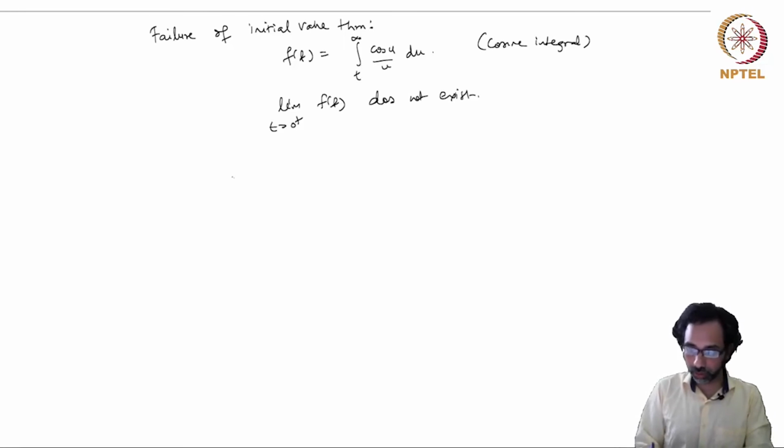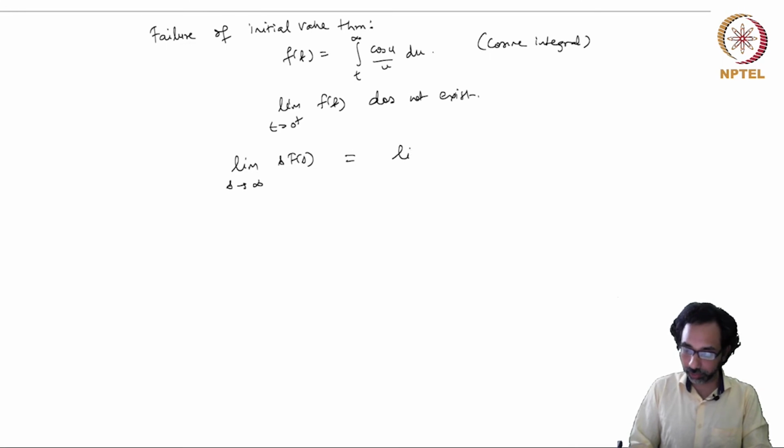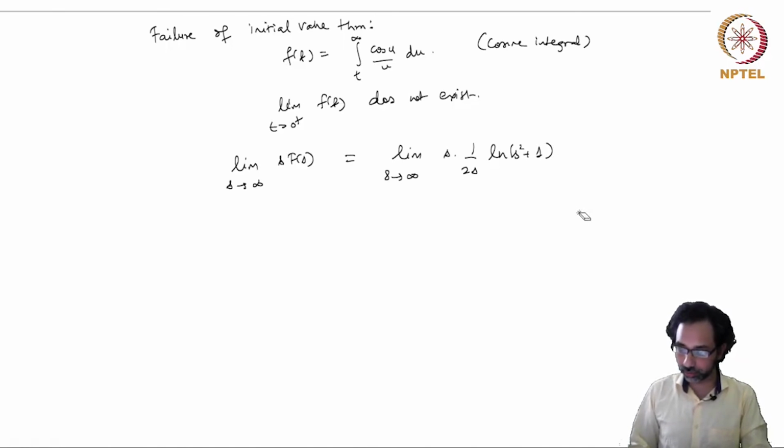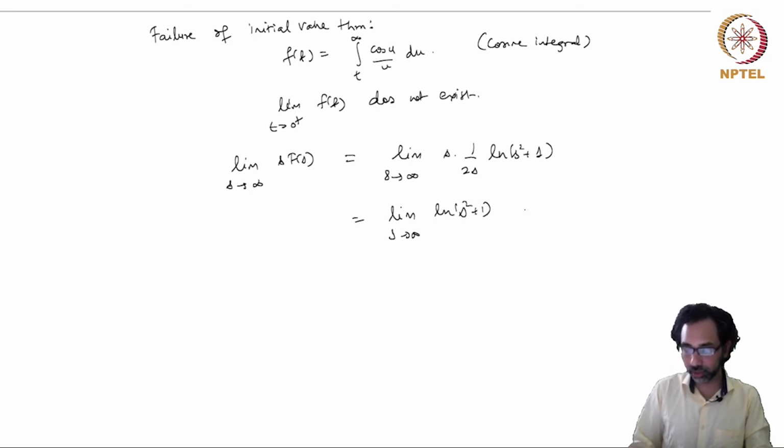Now you can check that the limit as s tends to infinity of sF(s) is given by the limit as s tends to infinity of s times 1 over 2s times ln(s squared plus 1). So in this case, this limit as s tends to infinity of ln(s squared plus 1) also does not exist.